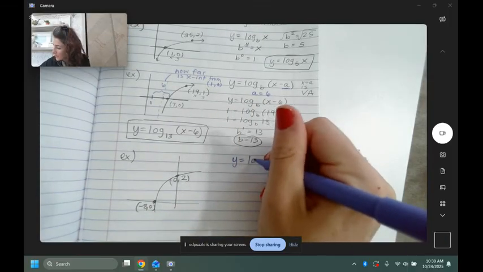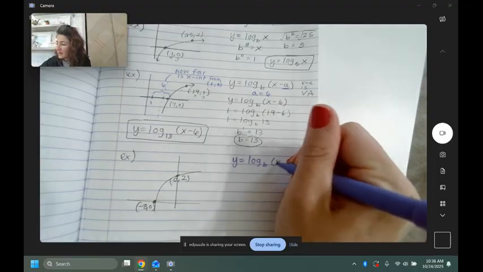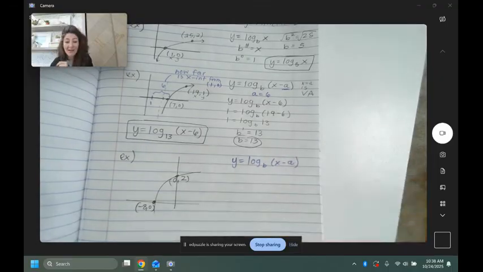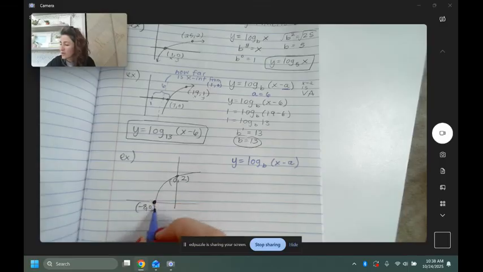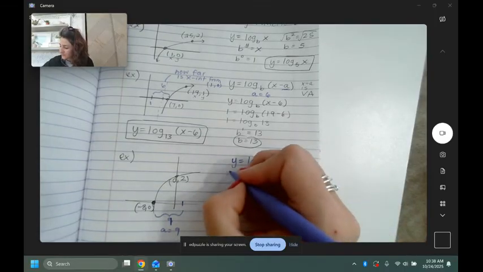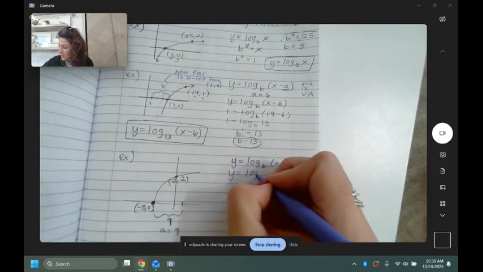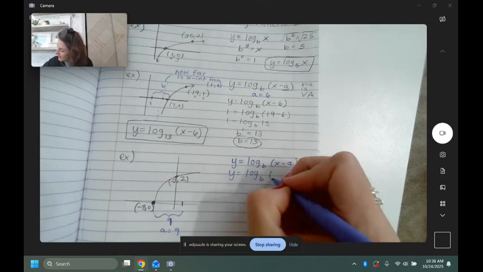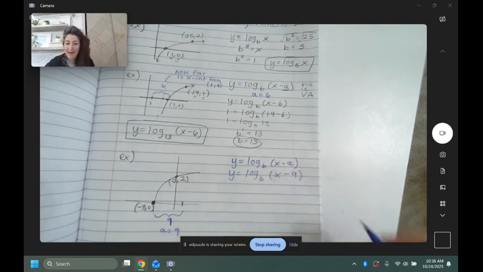So y equals log base b of x minus a. Let's find a. So a is the distance from your x-intercept to 1. How far apart is -8 to 1? This distance here is 9. So a is 9. So y equals log base b of x minus 9. That's your vertical asymptote.